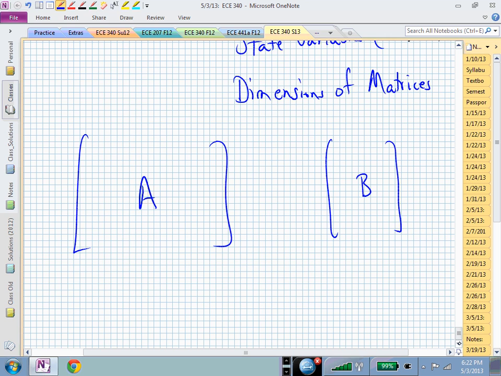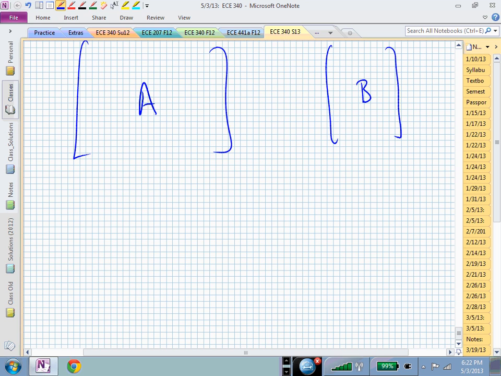Number of columns in B represents the number of inputs you have in your system. The output matrix C could be short and wide. The direct feed-through matrix is now going to be as tall as the number of outputs that you have, or have that many rows, and it's going to be as wide as the number of inputs that you have.